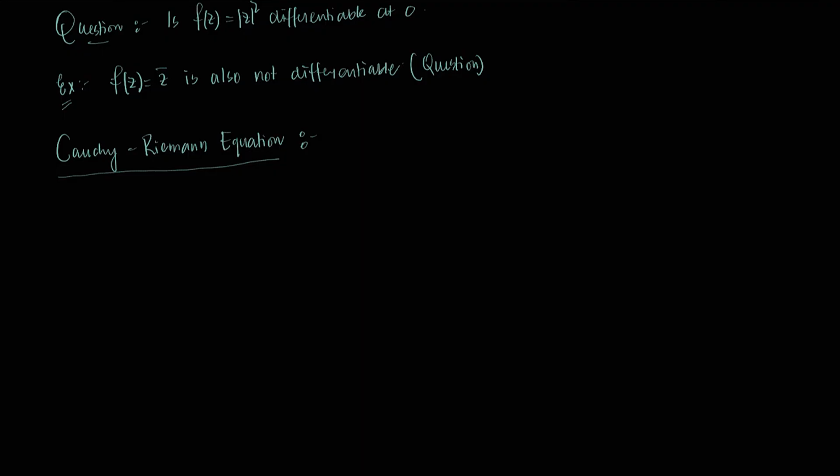Let's say you have a function f from C to C. The question is about the derivative, whether the derivative exists or not. So you can think of it as a test for derivative. We want to test whether a function is differentiable or not. That sort of test is this particular thing.